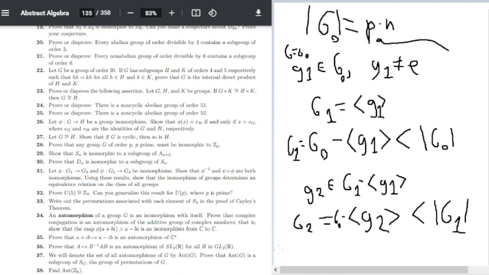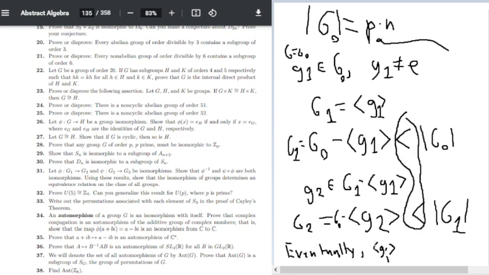And we know that eventually, because our group is finite, these inequalities confirm that we're going to eventually have some Gi such that G(i-1) minus Gi is equal to the empty set.